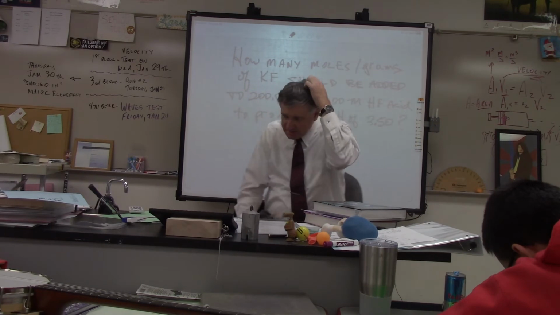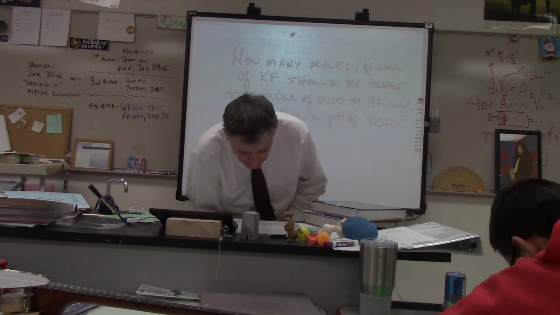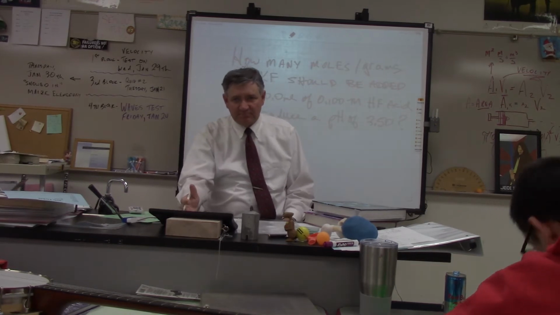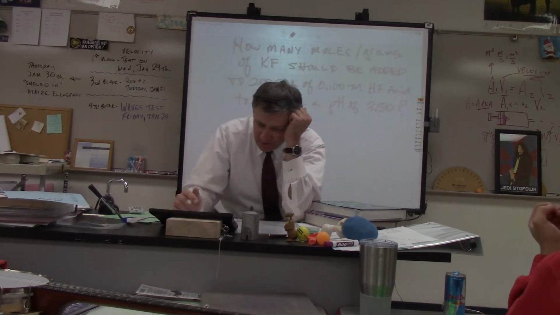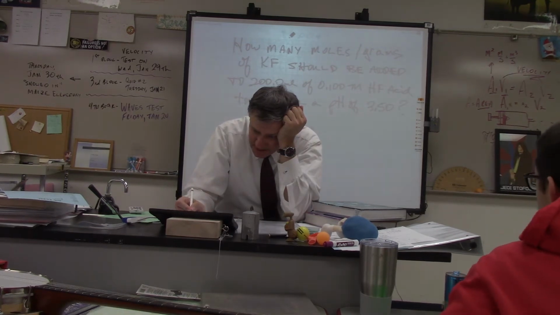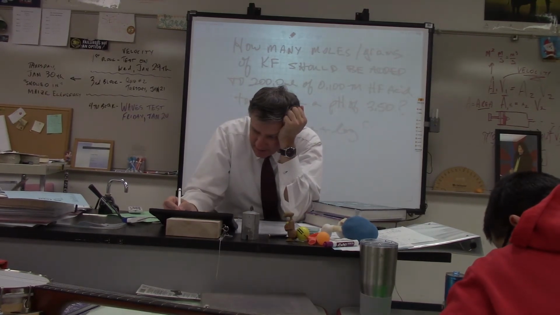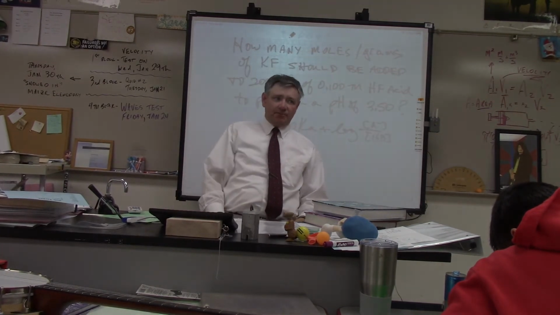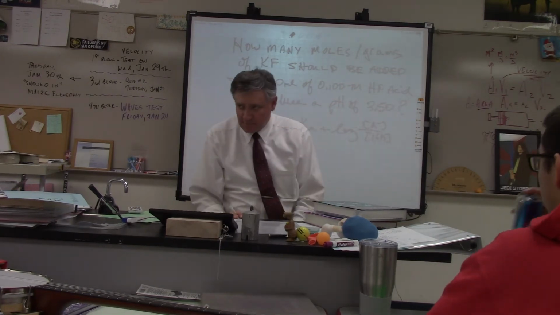Here's the easiest thing to do: start with the Henderson-Hasselbalch equation. You've got your pH equaling your pKa plus the log of your anion concentration divided by the concentration of my acid, right? Cool with this?